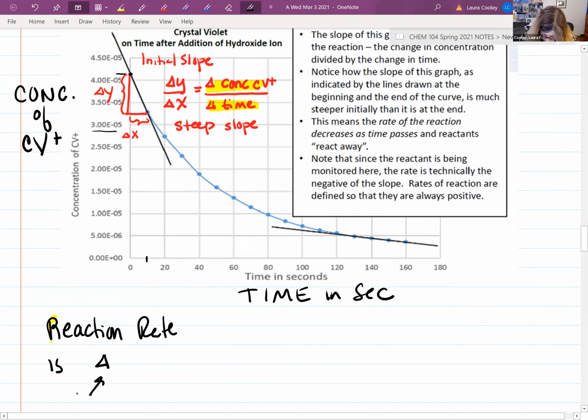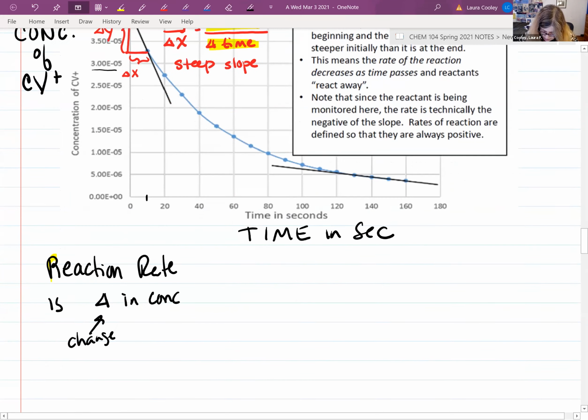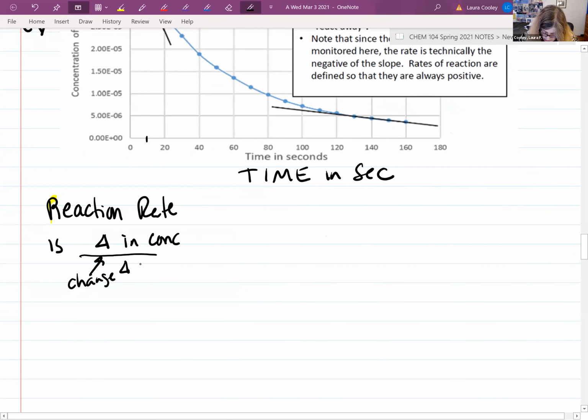This delta means change, so we just write it as delta concentration over delta t.